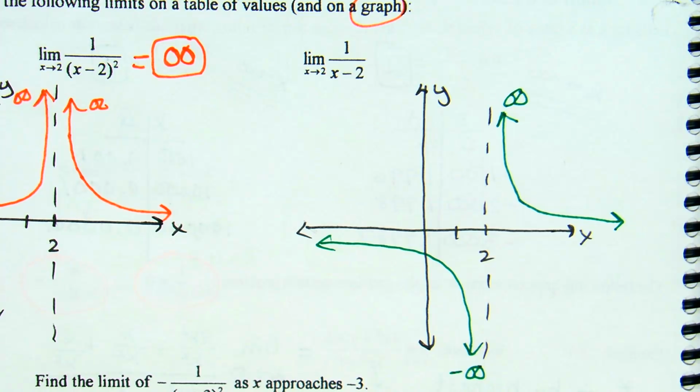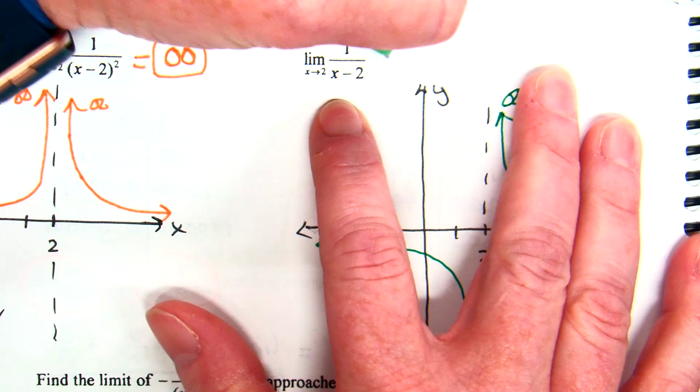Okay, so be familiar with that terminology. Undefined, limit does not exist. DNE is an abbreviation for does not exist.